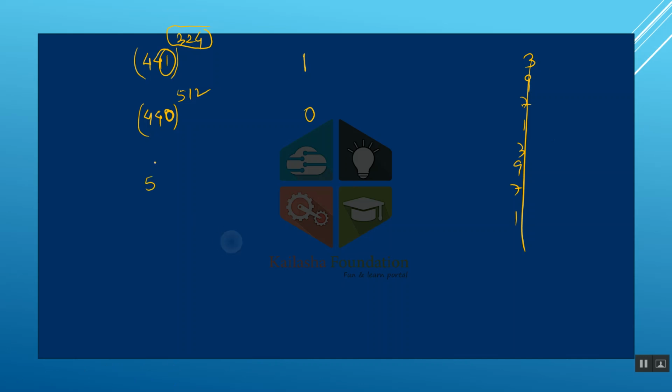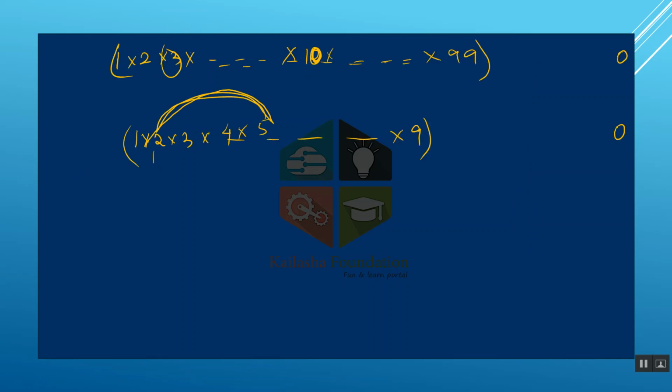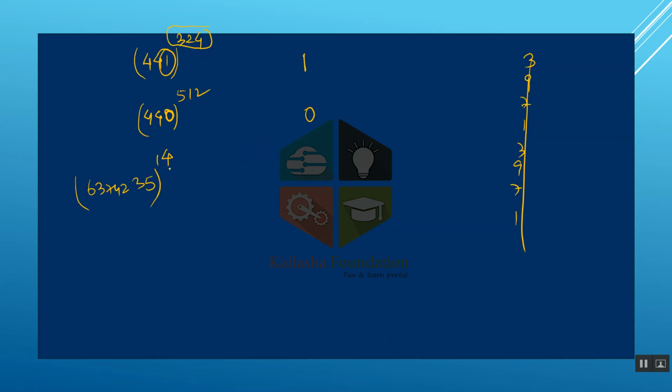Now 5 raised to the power, let's say 6, 3, 7, 4, 2, 3, 5, a very big number, whatever be there. 5 raised to the power 1 is 5, then 25, then 125, then 625. Every time you'll get a 5 and nothing else. The unit digit will remain 5.